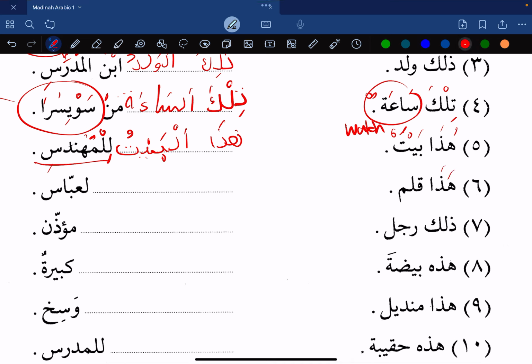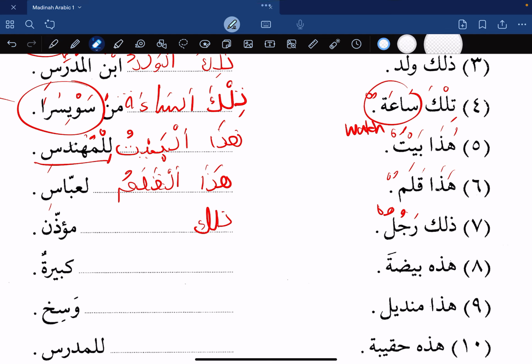Again, هذا قلم. So we're gonna make someone's pen. We're gonna say هذا القلم لعباس. Almost there. ذلك رجل. So we're going to say ذلك.